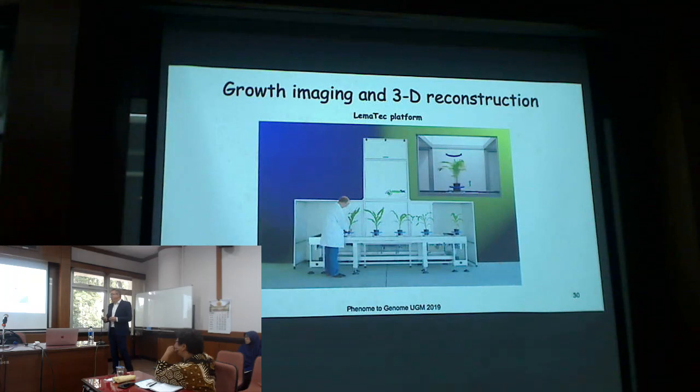There is another way, which is still within the controlled environment, but growing them in glass houses. This is a large-scale facility used by many biotech companies now. It's called a phenotyping platform.